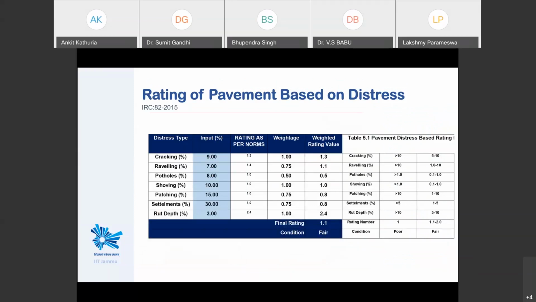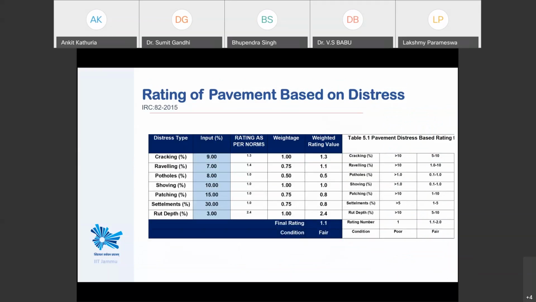Once we are done with the distress assessment of the pavement, either visually or using instrumented techniques, the next task is to estimate the rating of the pavement based on the distress. There is a rating sheet that comes with IRC 82, and it's a very simple sheet, not very difficult to understand.